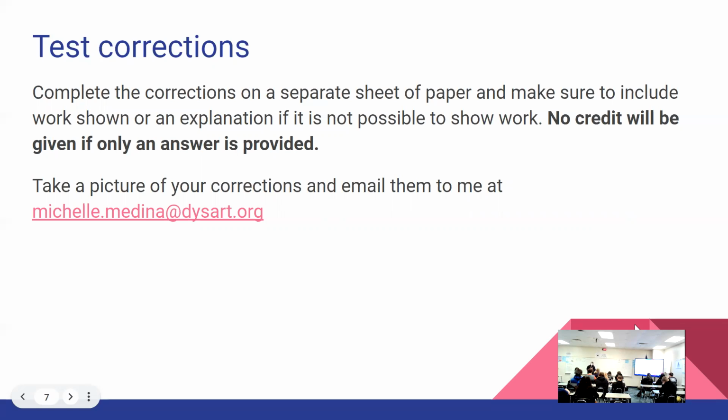Or if you can't show work, write a sentence to explain your answer. If you only provide an answer, and I still have kids that do this, they'll just send me a paper that says 1 is A. All right, you will not get credit for that. I have to know that you took time and aren't just guessing for a new answer. Once you do that, you can take pictures of it and email it to me. My email is right there.